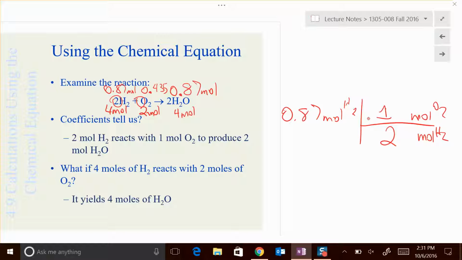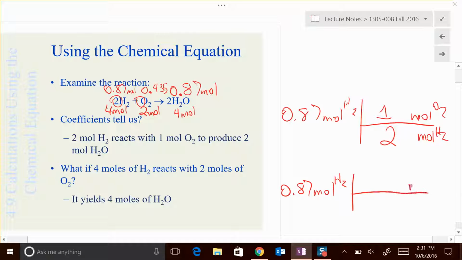Let's set it up for moles of H2 to the moles of H2O. What's the molar relationship? How many moles of H2O for how many moles of H2, according to my balanced chemical equation? 2 for 2.